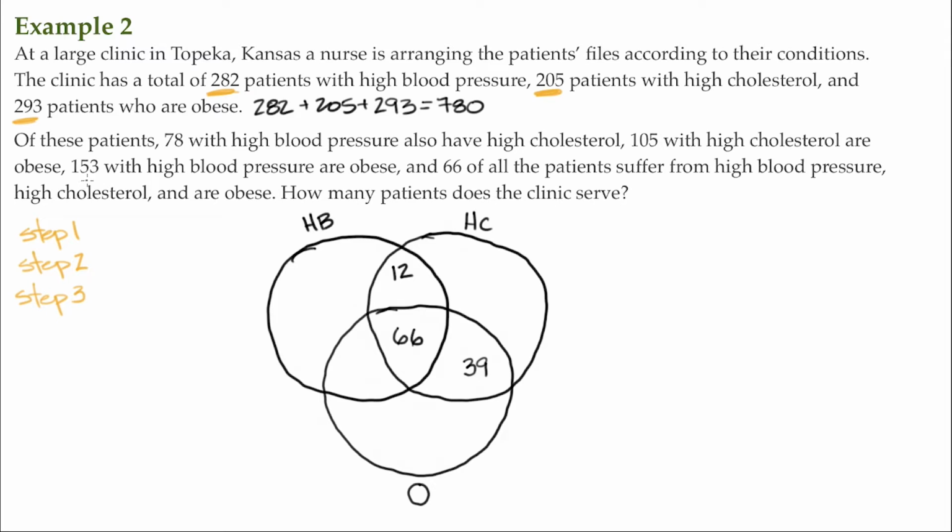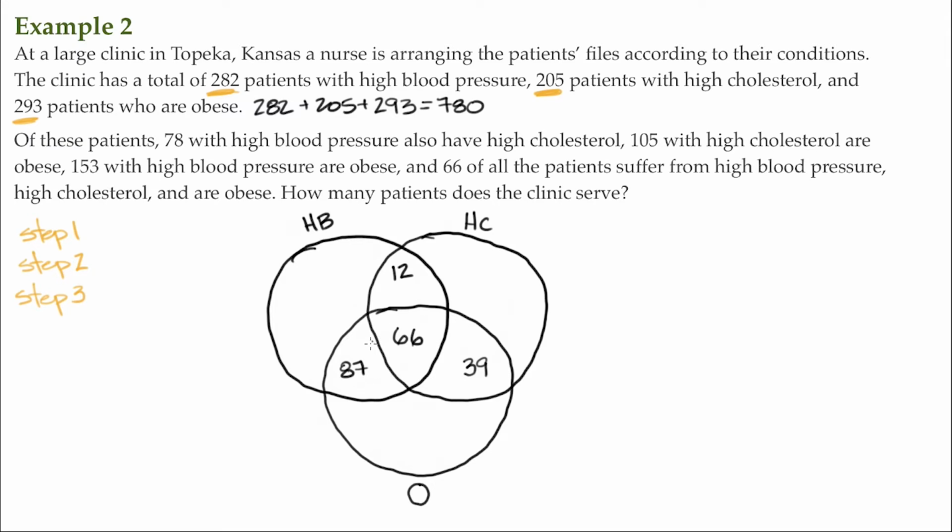We continue on, 153 with high blood pressure are obese. That would be this group here. And again, 66 are already accounted for. I need to put in 87 more to get us to 153. And that's what it would look like.